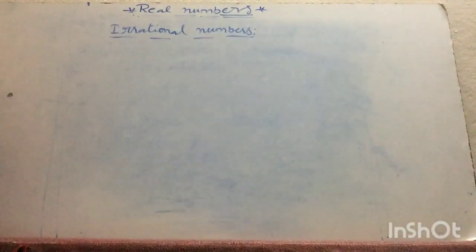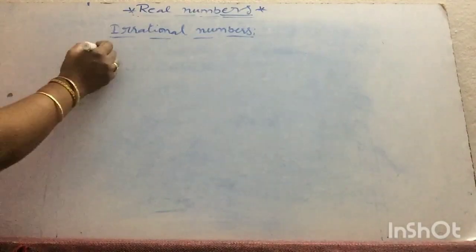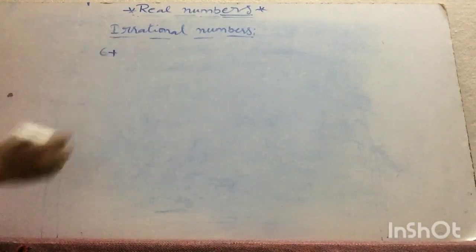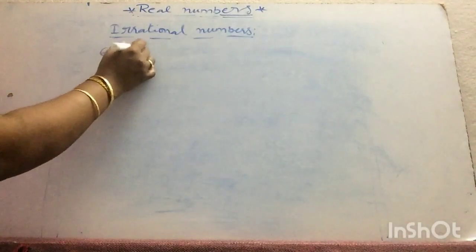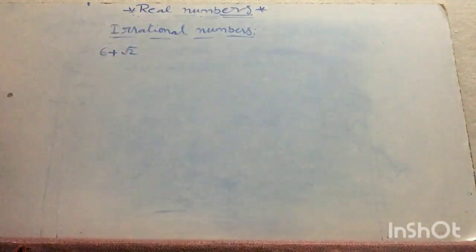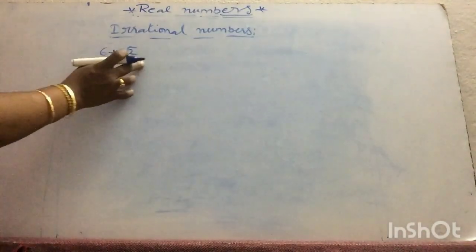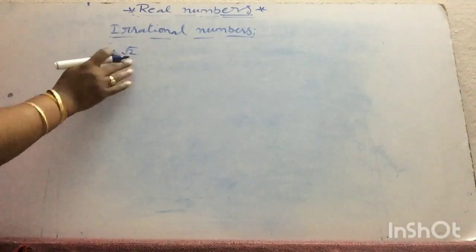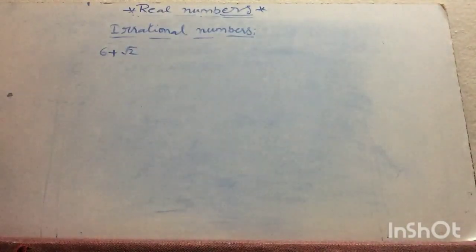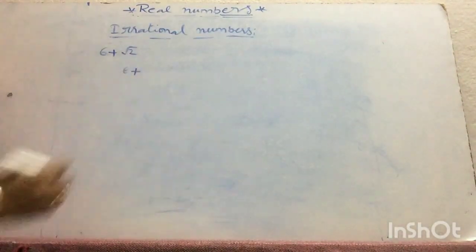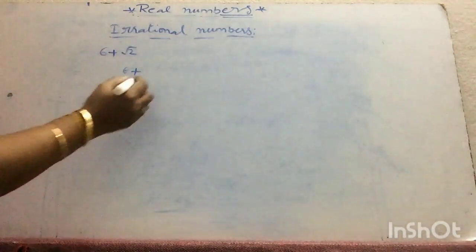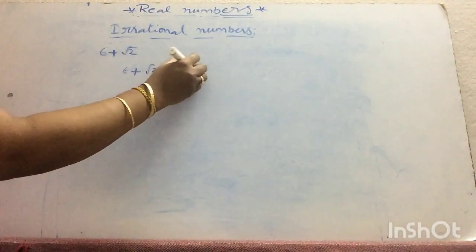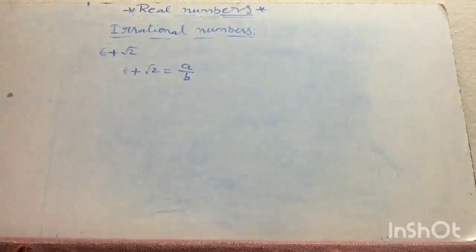Now I will explain one more example: 6 plus root 2. Is 6 plus root 2 rational or irrational? We will prove this. Assume 6 plus root 2 is a rational number. So 6 plus root 2 equals a rational number, say a by b.